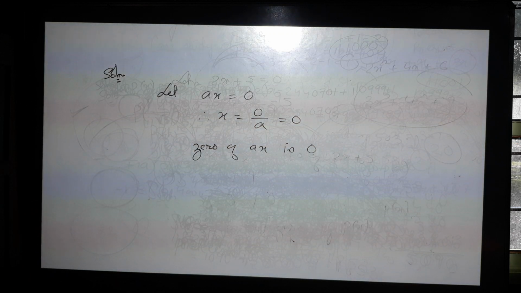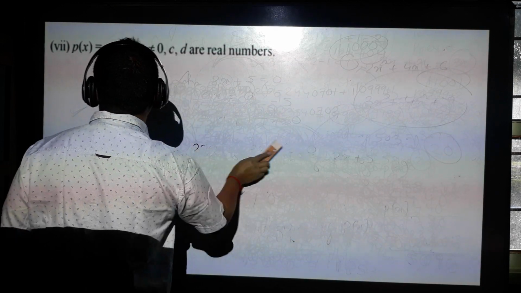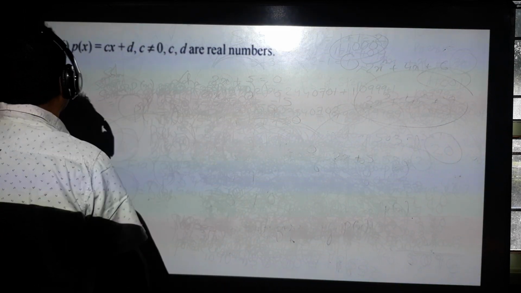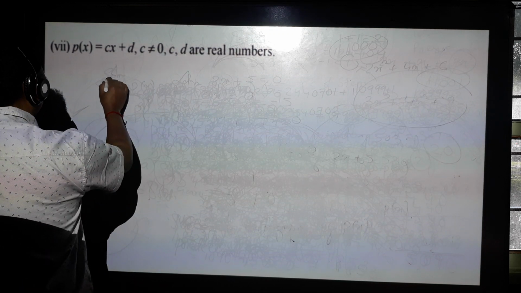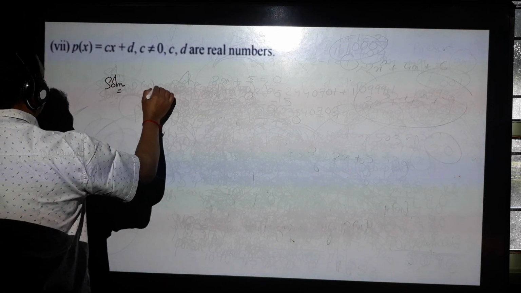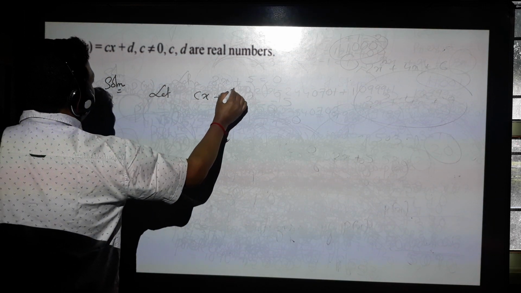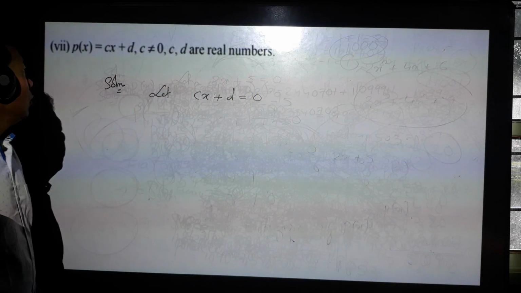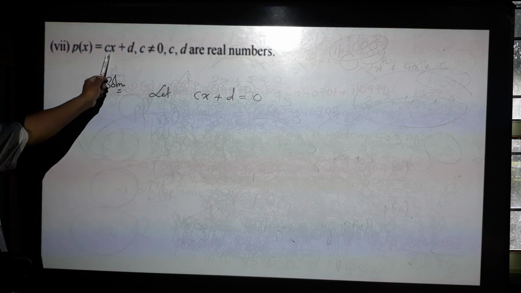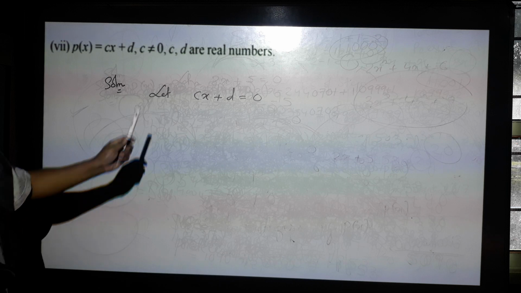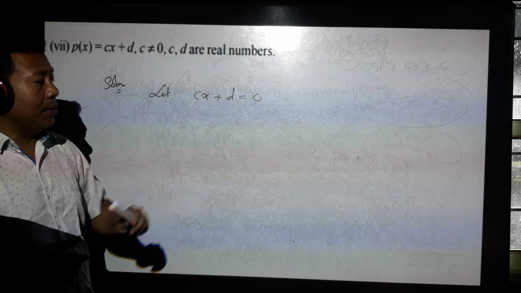Next. Solution. Let cx plus d be equal to 0. We're going to find out the zero of the given polynomial p of x equal to cx plus d, where c is not equal to 0 and c and d are real numbers.